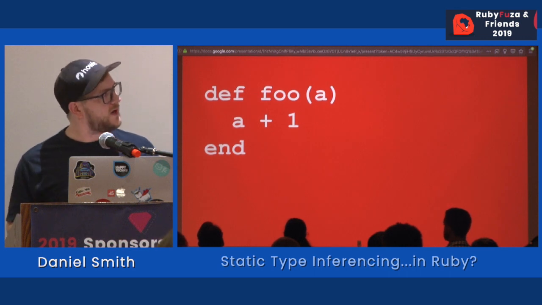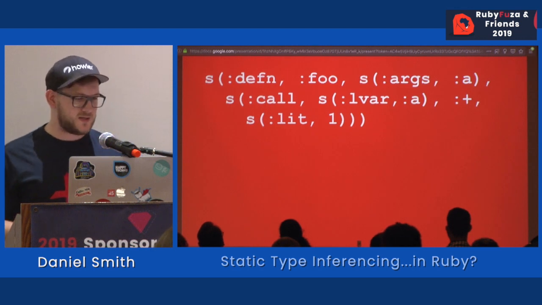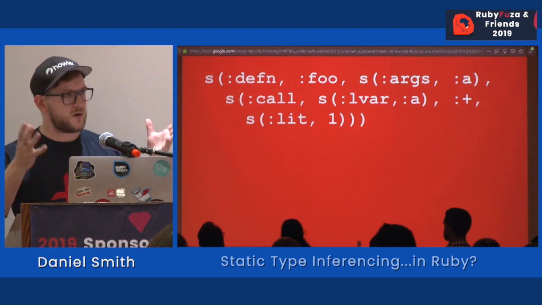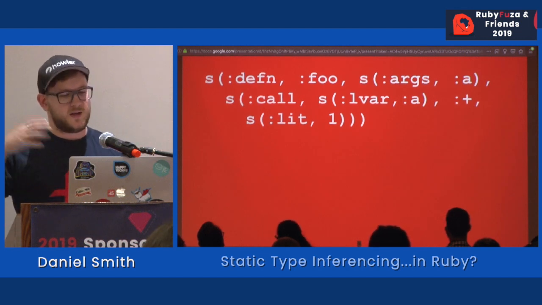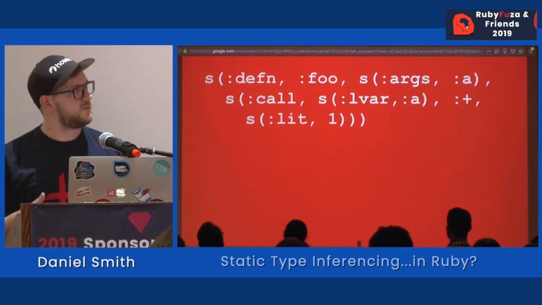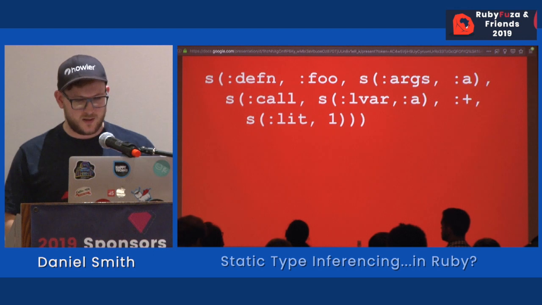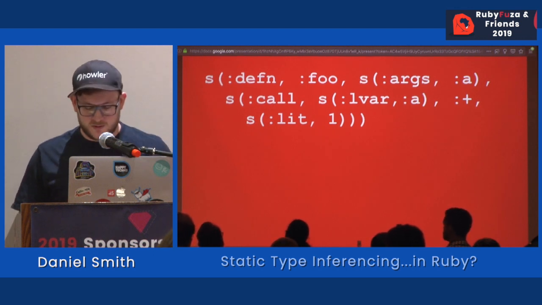If you're defining a method, this is what it looks like with Rubyparser. It's a defn. It gets the name, it gets an args expression with all the args in it, and then the body of the actual function. So this is exactly that. It's calling plus on lvar, which gets local variables.